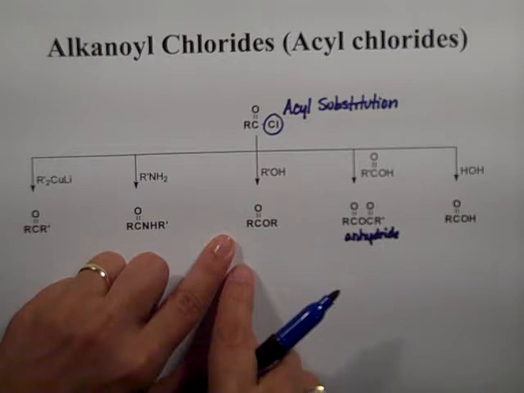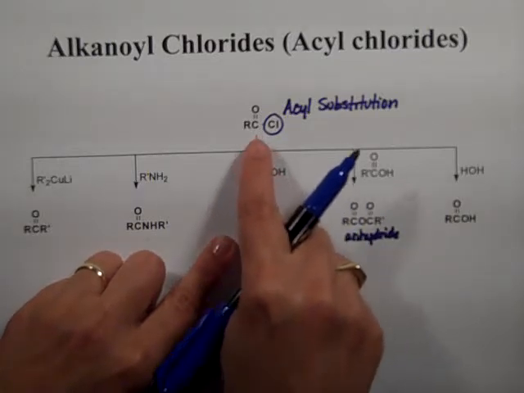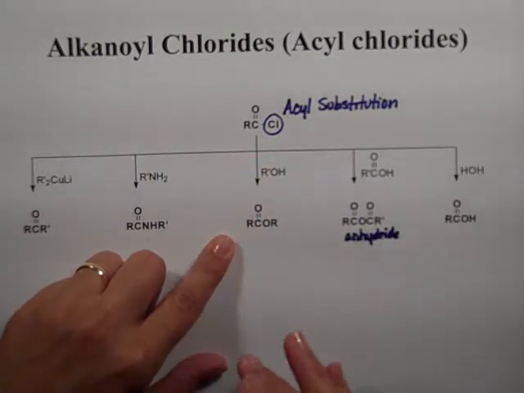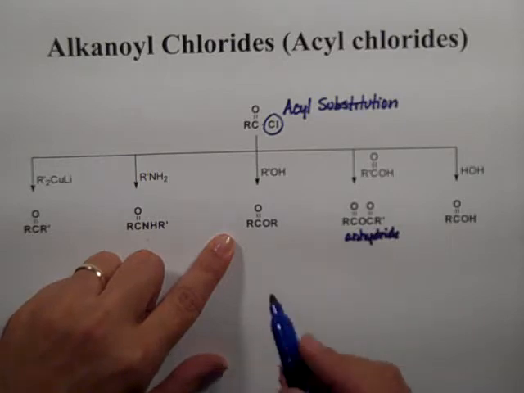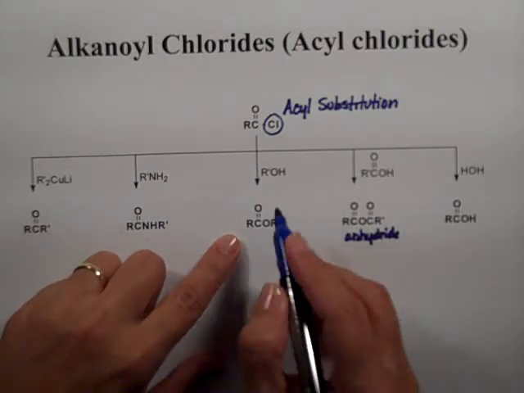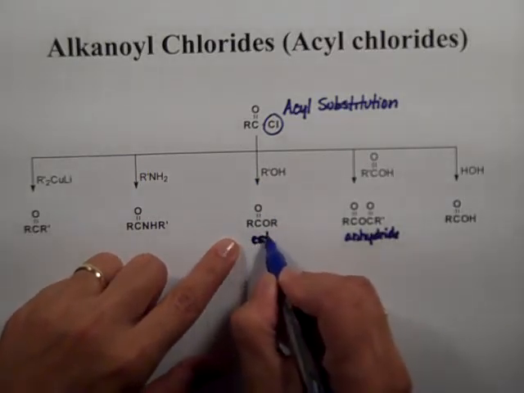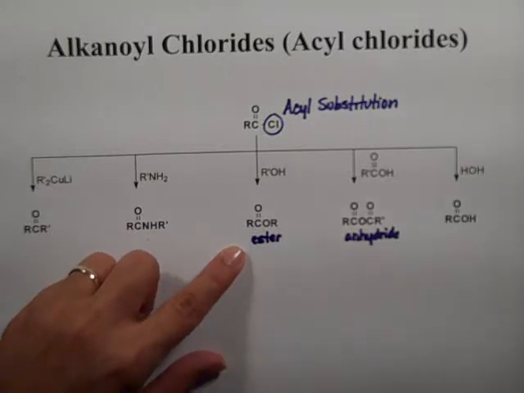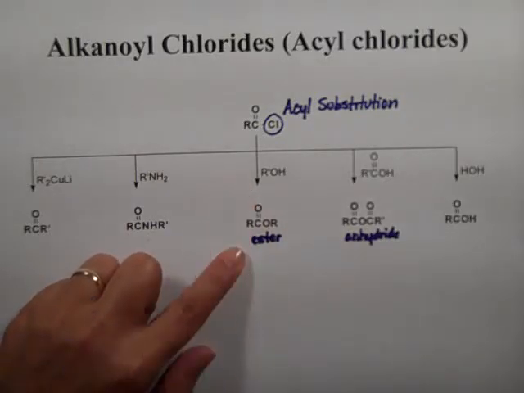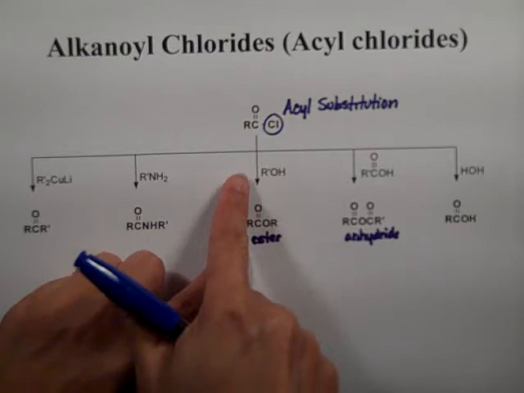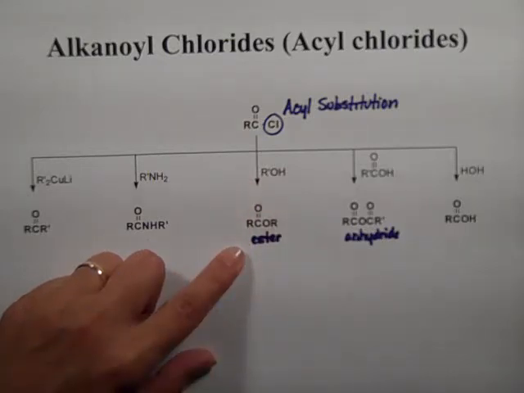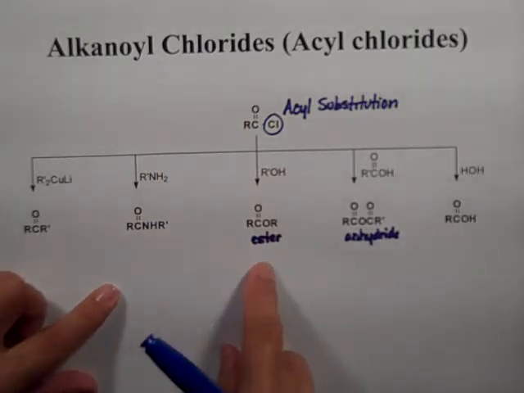If you add an alcohol, then this oxygen would attack the carbonyl, form the tetrahedral intermediate, and then displace the halide. So we're going to make an ester out of our acyl halide. You don't have any type of limitation on the alcohol. It can be a primary, a secondary, or a tertiary alcohol.